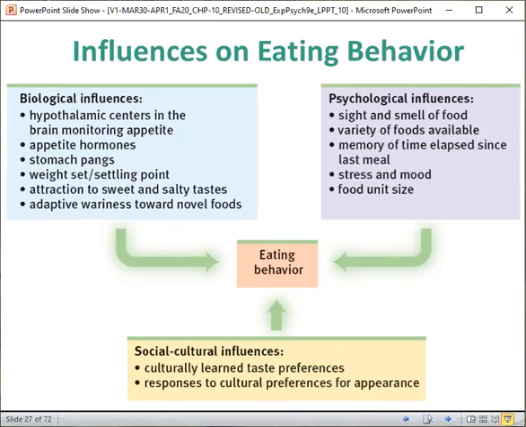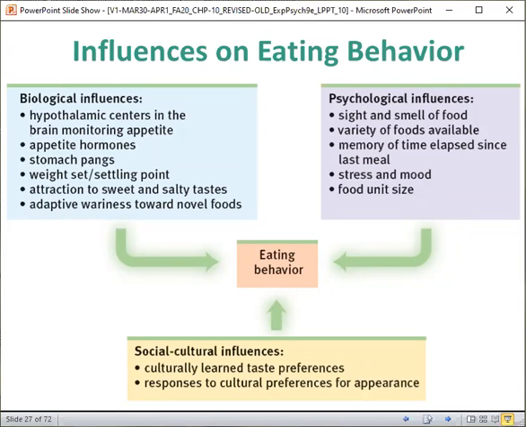Now, let's look real quickly at some of the influences on eating behavior. Biologically speaking, we have the hypothalamic centers and brain monitoring appetite, hormones, stomach pains, weight set, the settling point. Psychological factors, sight and smell of foods, variety of food, stress and mood, food unit size, all have an influence on our eating behavior.